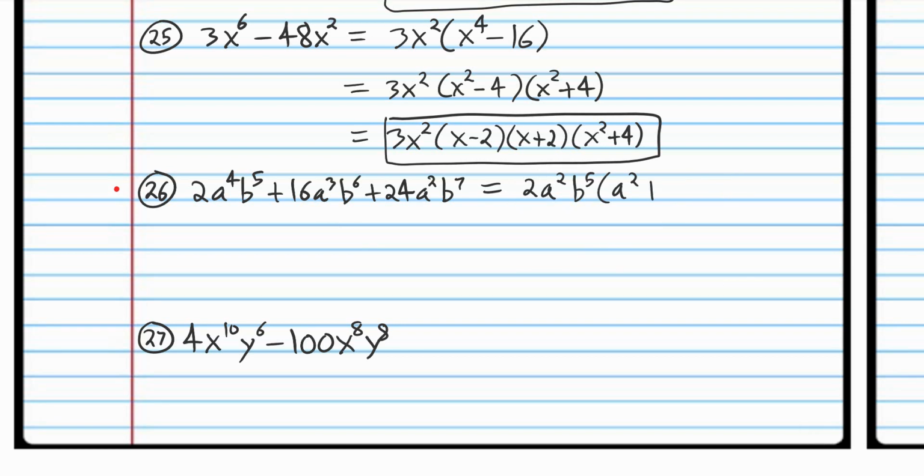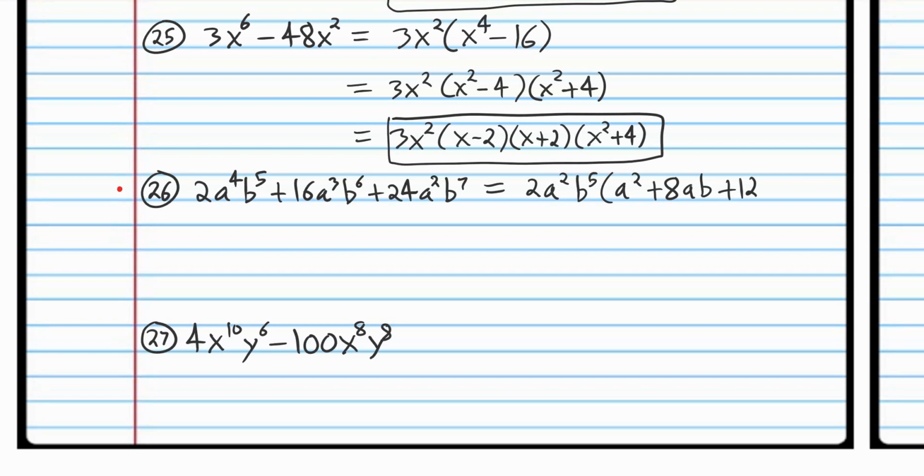So it looks like that's going to be 8ab. And 2a squared b to the 5th times what is equal to 24a squared b to the 7th? So that's going to be 12b squared.